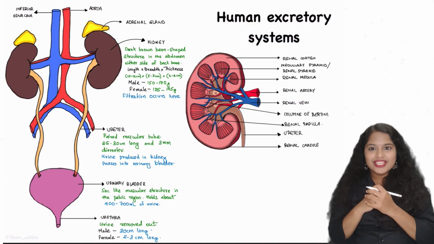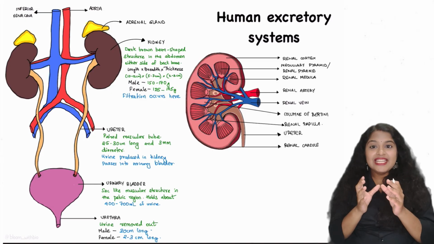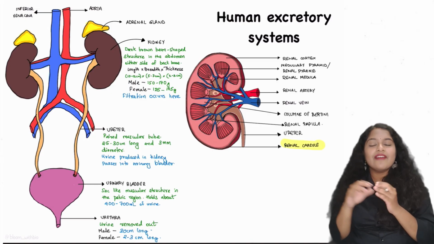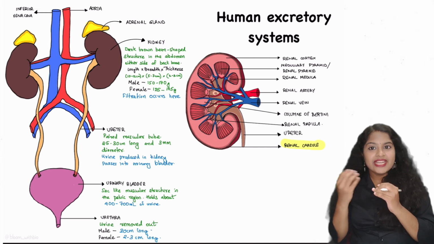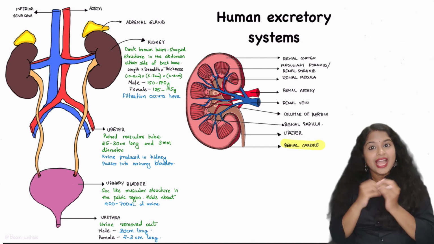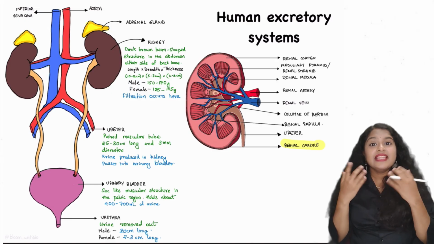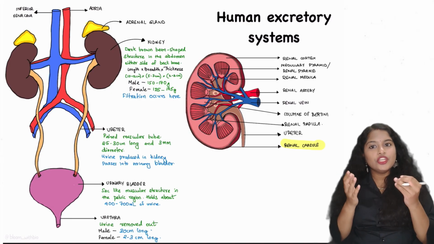Now we are going to see the structure of the kidneys. Kidneys are covered with a renal capsule, which has an outermost layer, the renal fascia, and inner to that is the adipose tissue, which provides protection or acts as a shock absorber. Then inner to that, the kidney is divided into two regions.